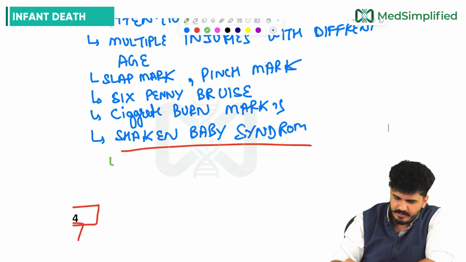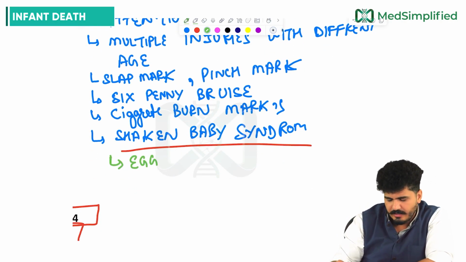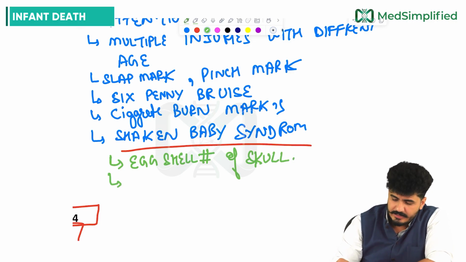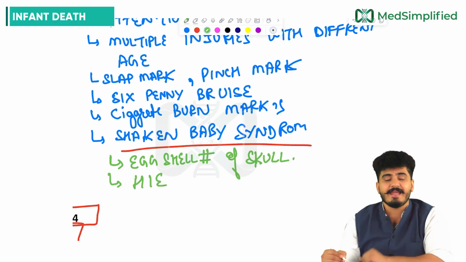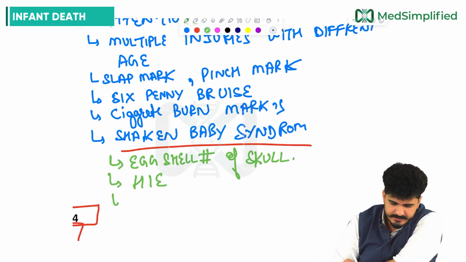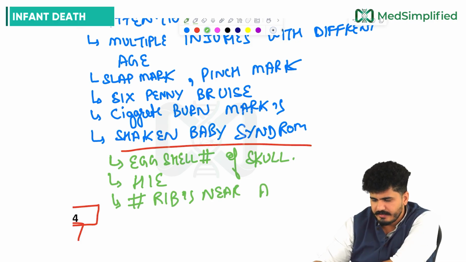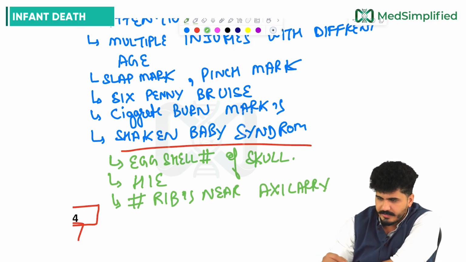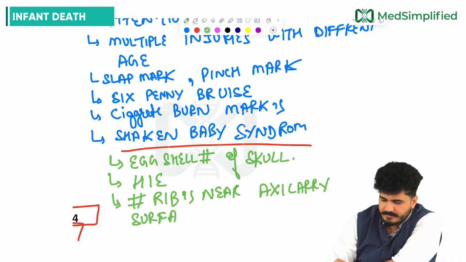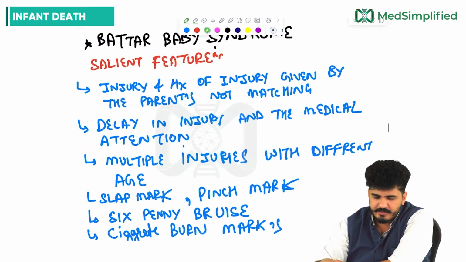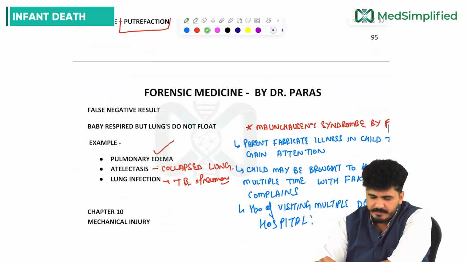There will be an eggshell fracture of the skull, plus it can also lead to hypoxic ischemic encephalopathy in the child, plus fracture of ribs near the axillary surface. So this is all about Battered baby syndrome we have learned, and with this we have completed this chapter.